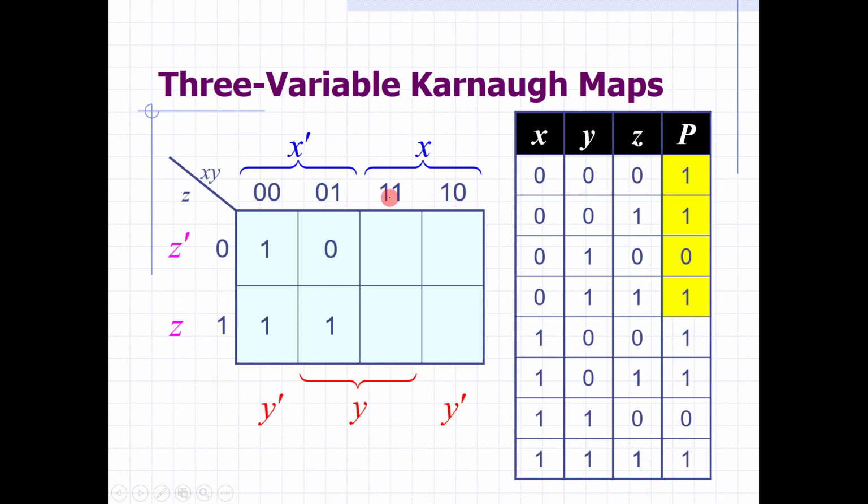But think of it like this. We swapped these two columns around, so our next value is going to go in this square. Just check it out. X is 1, y is 0, z is 0. That's this square. X is 1, y is 0, z is 0. So this next one in my list goes in this square.